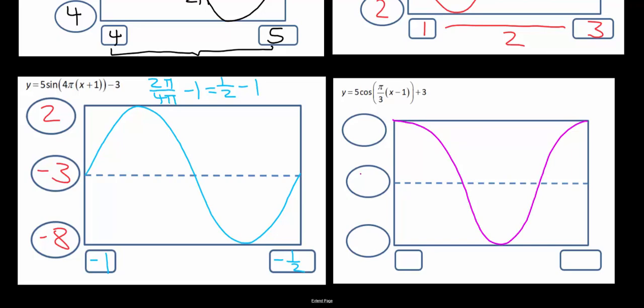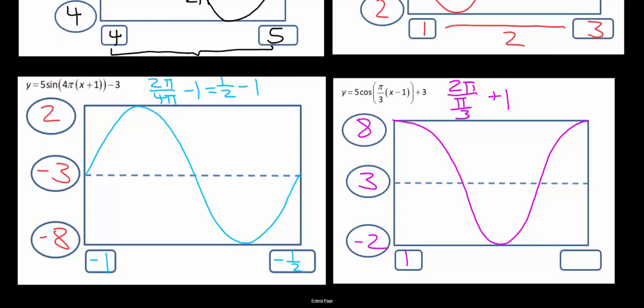Okay, so here's 3. We go up 5 to 8. We go down 5 to -2. And we're going to start at 1. Okay. Now let's see where we end. 2 pi divided by pi over 3 plus 1.